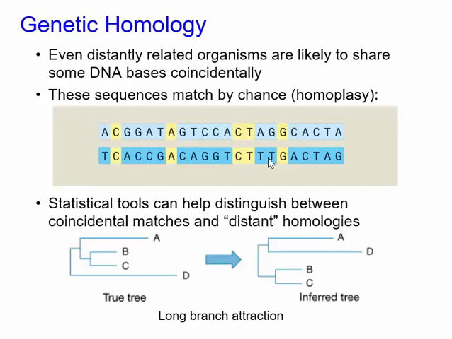But now we're getting into this realm of, could we have this occur just by chance? And the further and further apart these sequences get, the more likely we might be to mistakenly say that these are homologous genes. Again, depending on the gene and how many alignment sites we have.